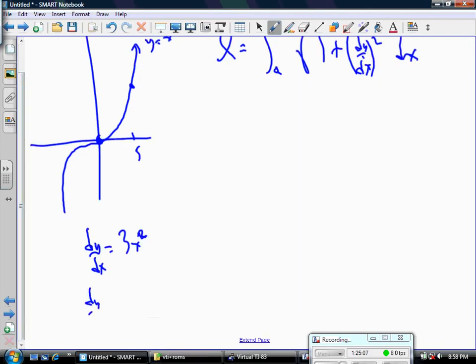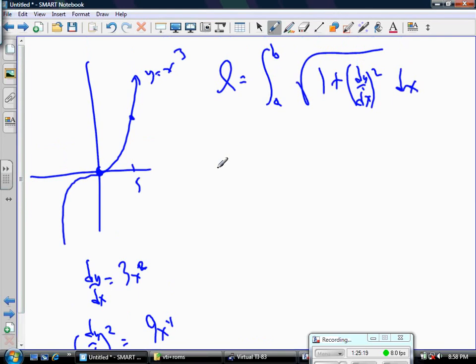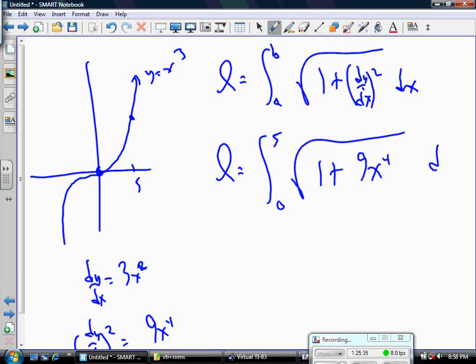So what's (dy/dx) squared? 9x to the 4th. Okay. Fine. And so let's do it. The arc length is the integral from 0 to 5 of the square root of 1 plus 9x to the 4th dx.